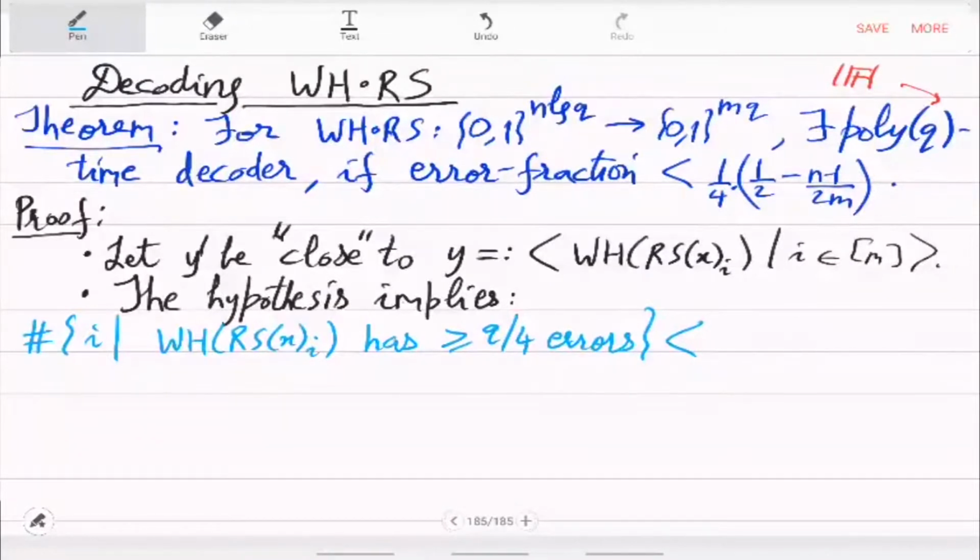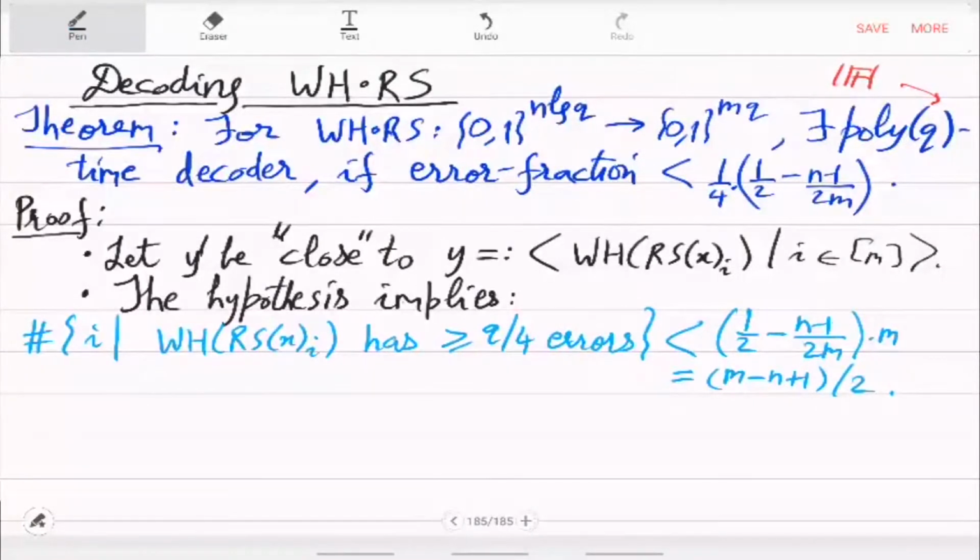So by averaging, the number of symbols on which Walsh-Hadamard is making a lot of mistakes is smaller than half minus n minus 1 by 2m, times m. Okay, so that's giving you m minus n plus 1 by 2.